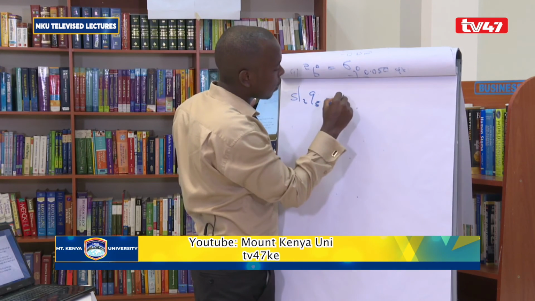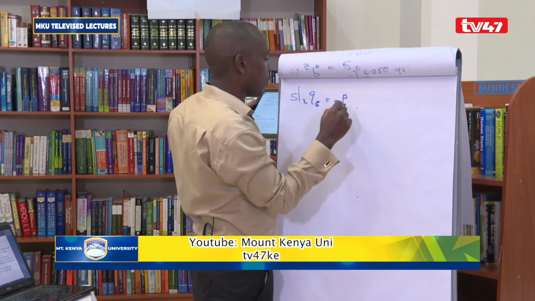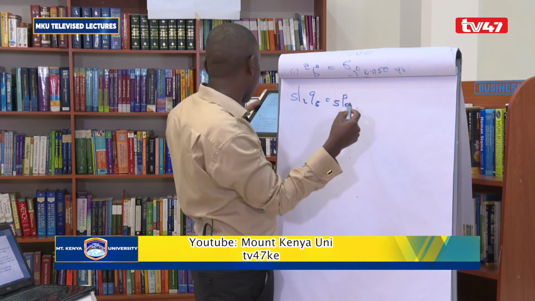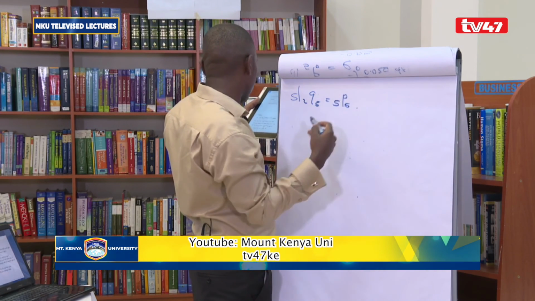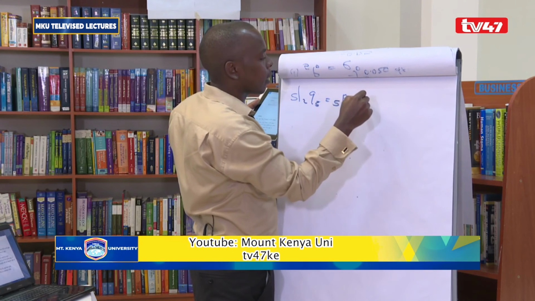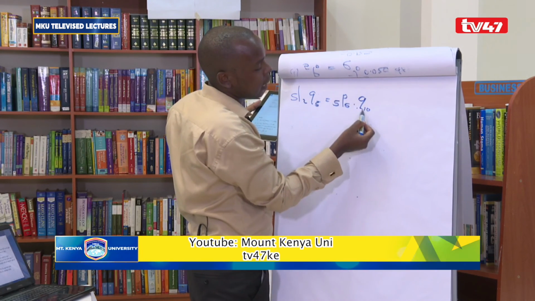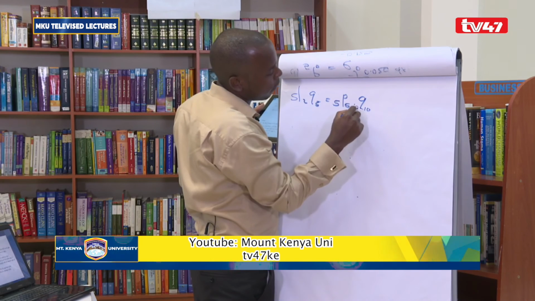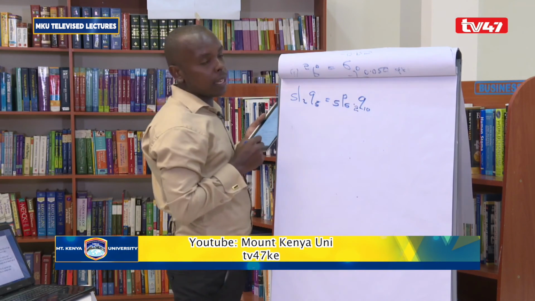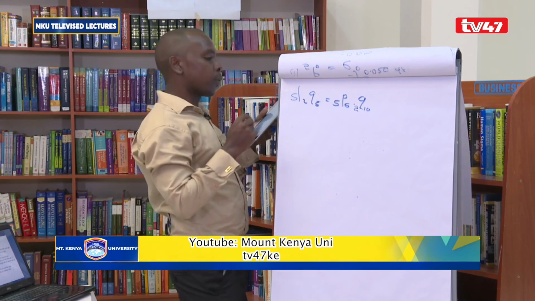So this is the same as 5p5 times 2q10, because this life will survive for the next 5 years, but in the course of the next 2 years, when this life is already 10, this life dies in the course of the 2 years.